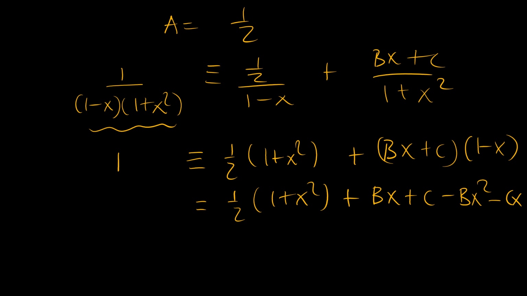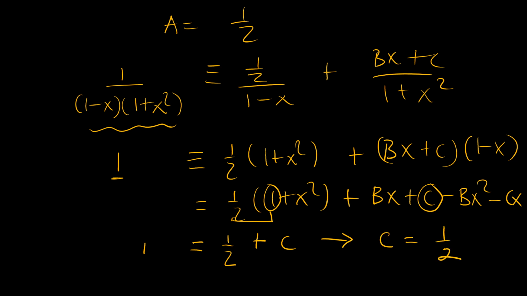So what we're able to see is that, looking at the constants, on the left hand side we have 1, so we say 1 is equal to a half plus a half from this and this, plus c, and therefore c is equal to a half.